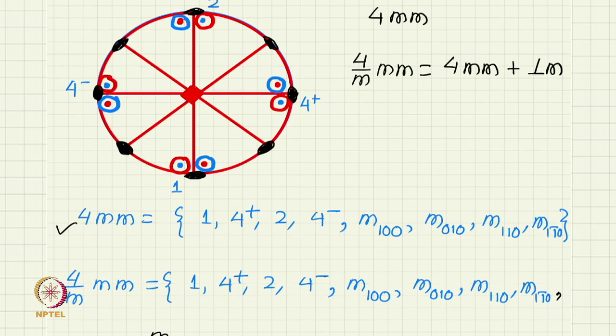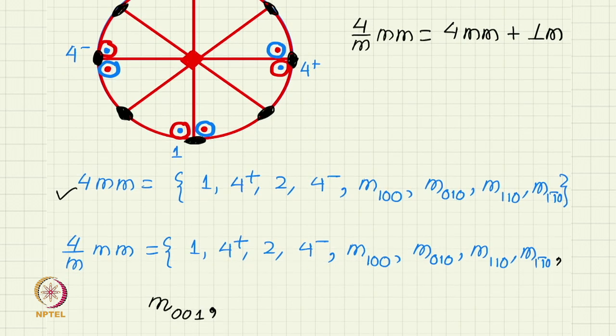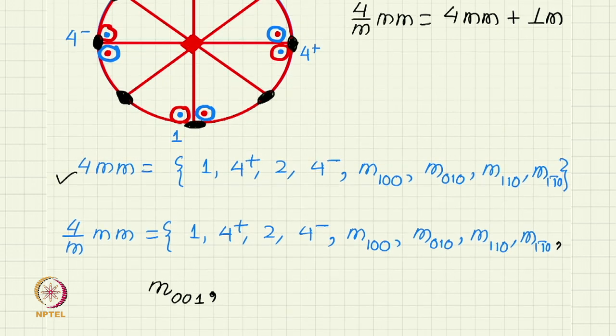You can see that at all these locations 2 perpendicular mirrors are intersecting, so they are also 2 folds, and these 2 folds were not there in the 4 mm group, but they will come in the 4 by mm.